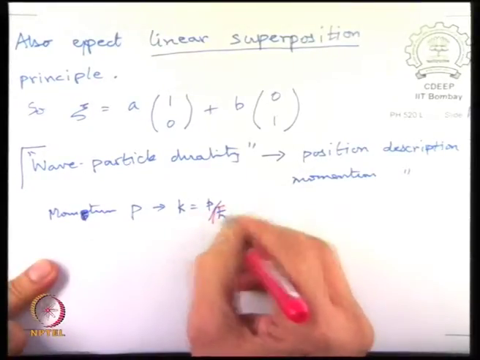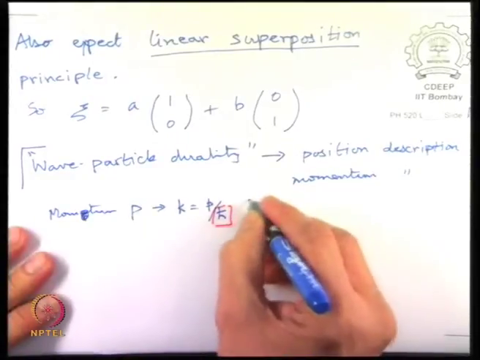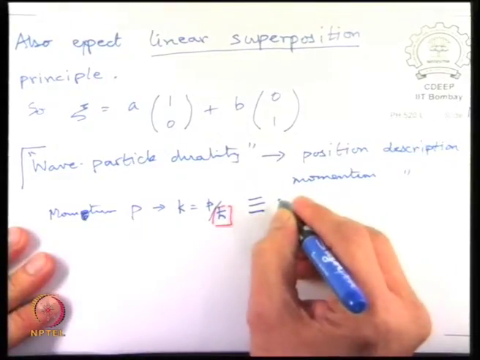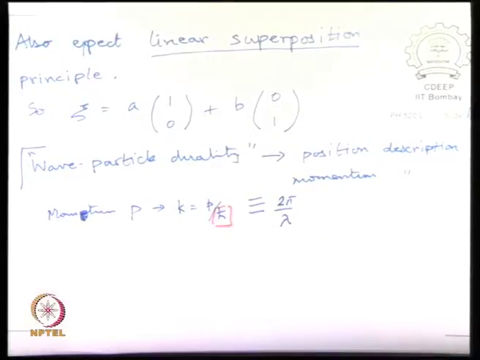Okay. So to momentum p, you associate a number of dimension 1 over length, which you define in your wisdom to be equal to 2 pi by lambda. Okay. So this lambda is a product of your fertile imagination. There is no such lambda.